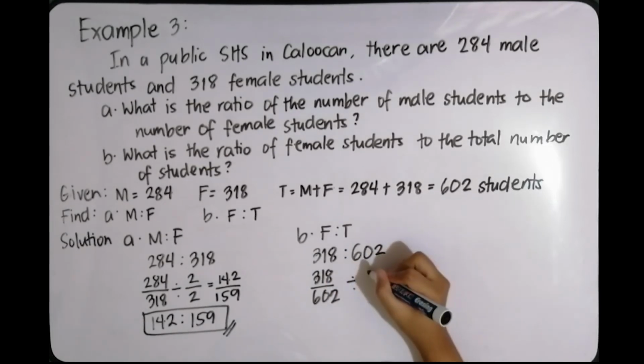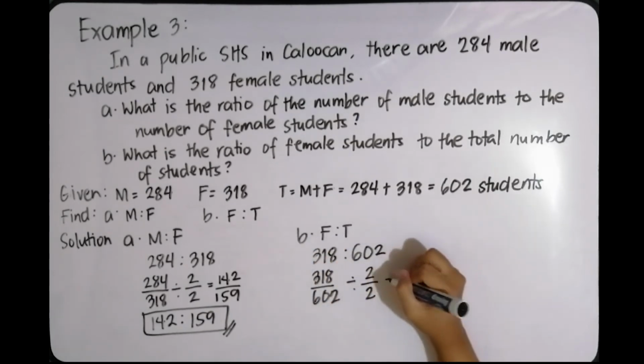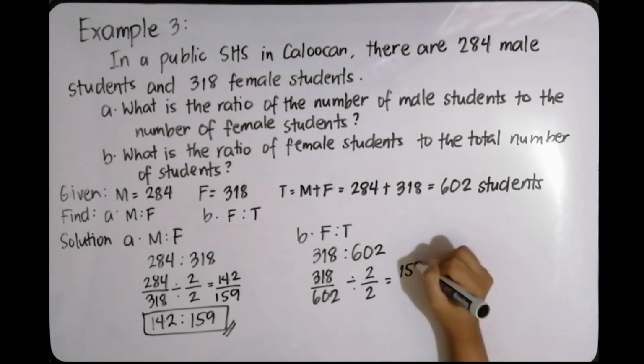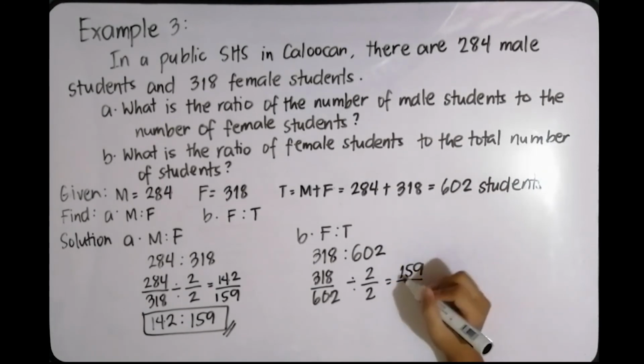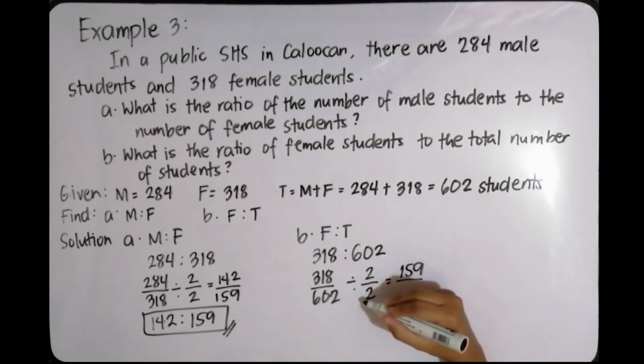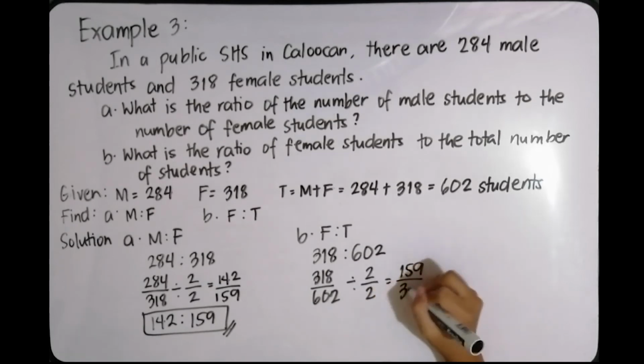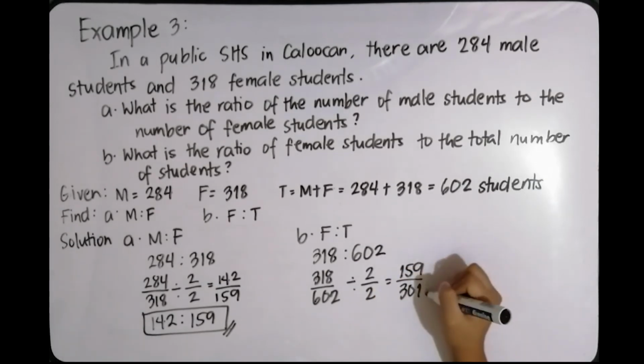We have 2. So 2 over 2 is also equal to 1. So 318 divided by 2 is equal to 159, is to 602 divided by 2, that is 301. As we can see, this is the simplest form, meaning the GCF is 1.